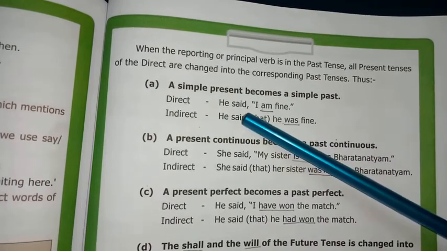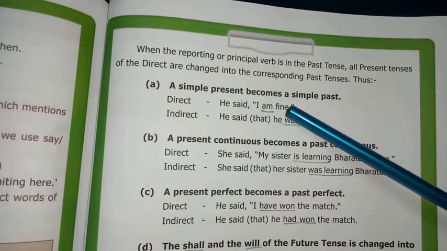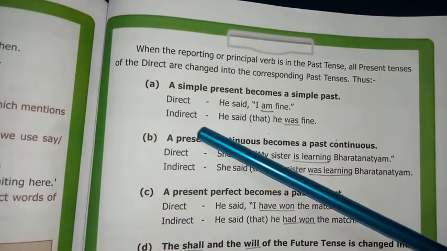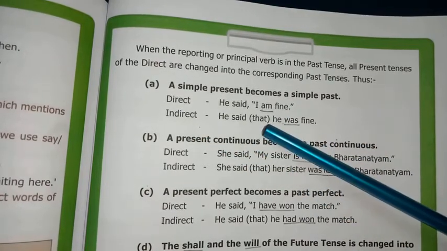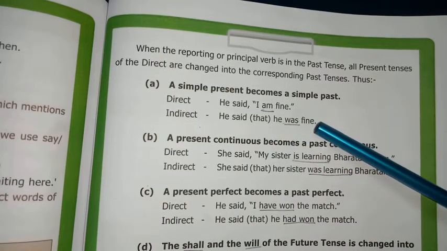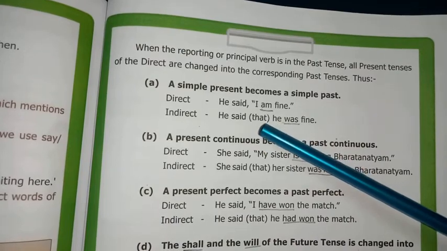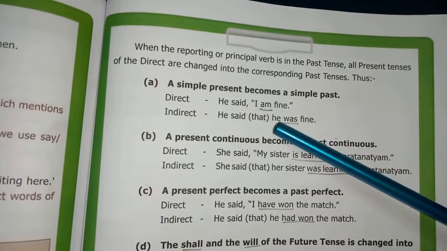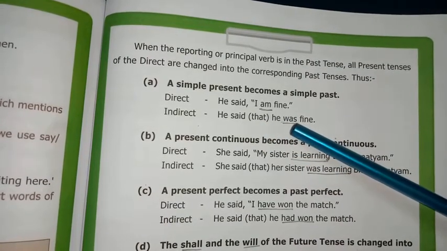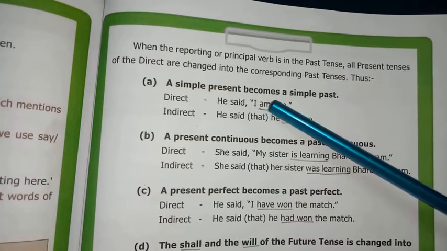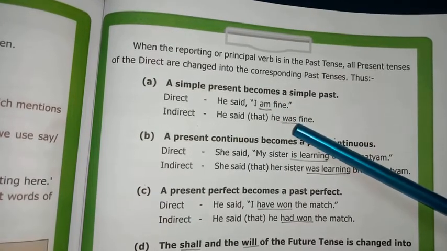He said, I am fine. In indirect speech, he said that he was fine. Said is the reporting verb. That is the conjunction. He, pronoun. Was, tense. The simple present becomes a simple past.